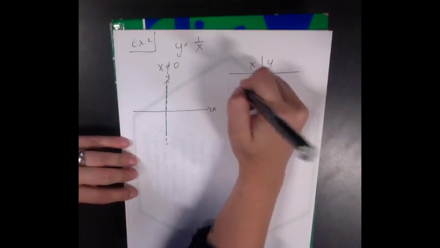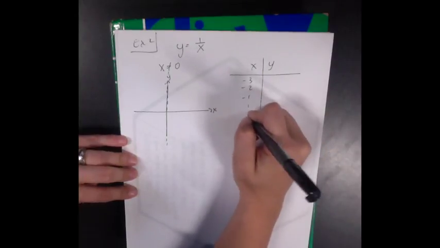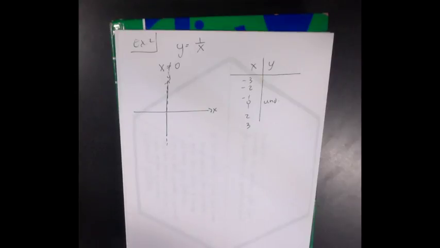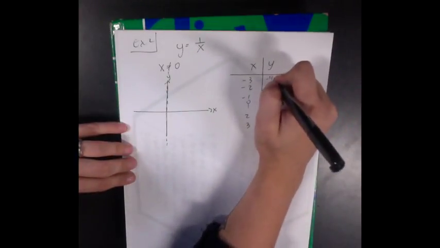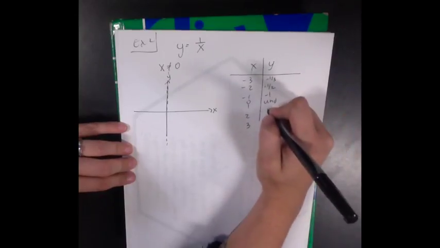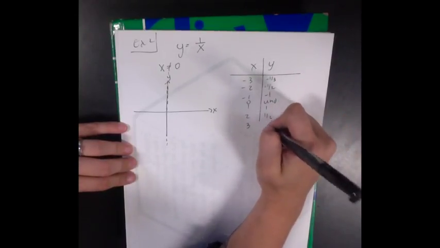So I'm going to do -3, -2, -1, 1, 2, 3. We know that 0 is undefined. So if I plug in -3, I get -1/3, then -1/2, -1, and on the other side 1, 1/2, 1/3.